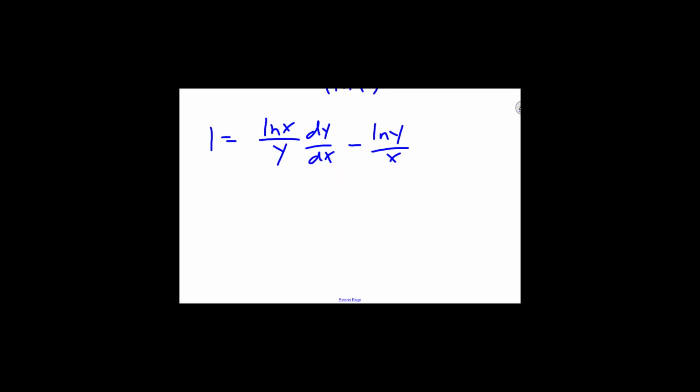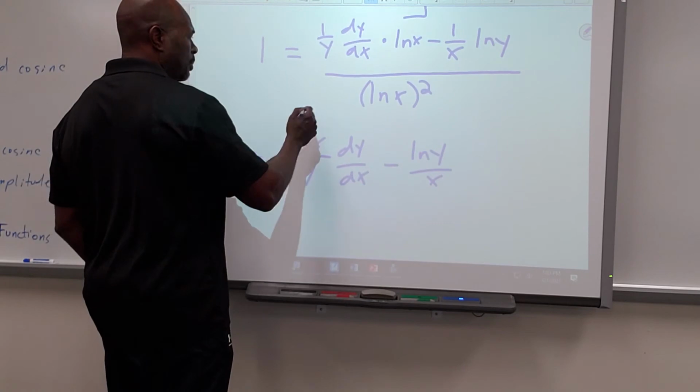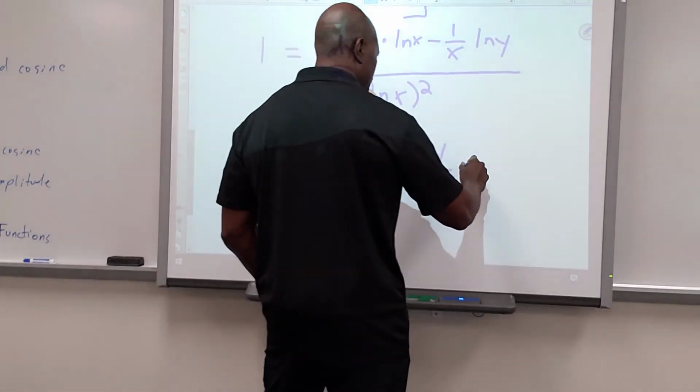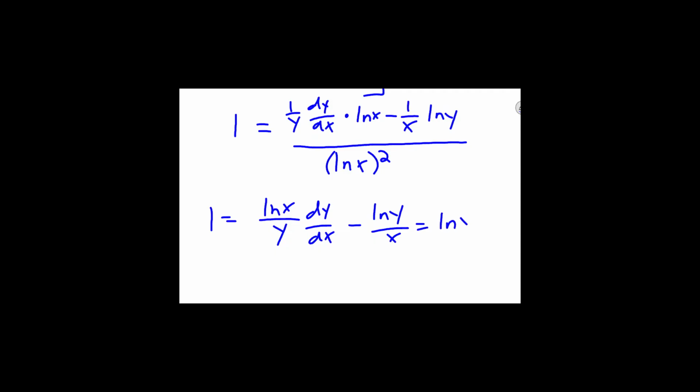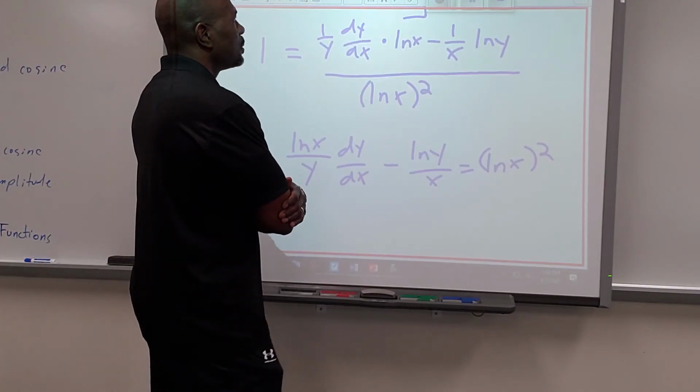Actually, let's multiply by ln x squared. So let's say this equals ln x squared. So get rid of that 1. Okay, let's see what goes on now.